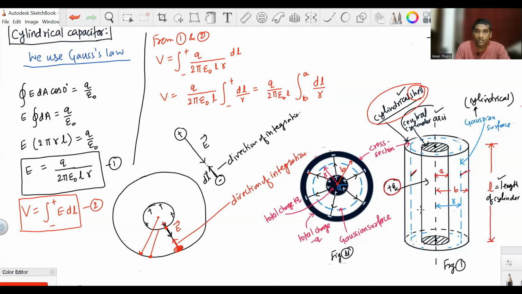Clear? Now if you look into this figure, what we find is we have a Gaussian surface of radius R. Now let me erase this, okay?